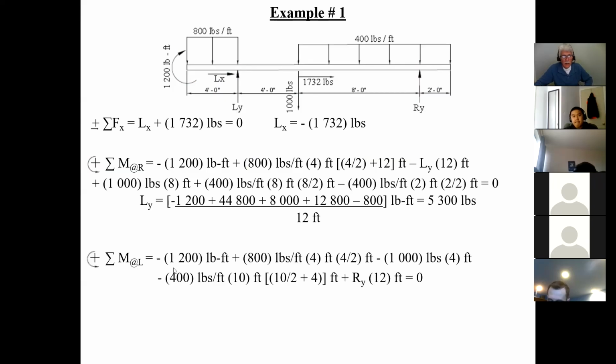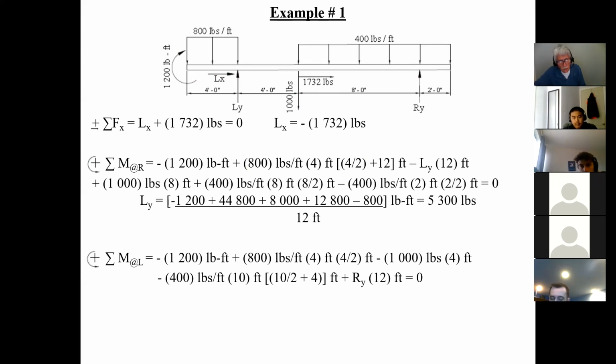Now, I kept the same sign convention because you guys are so fixated on counterclockwise as being positive. I myself decide what would be easier for me, because I like to keep my reactions positive anyways.